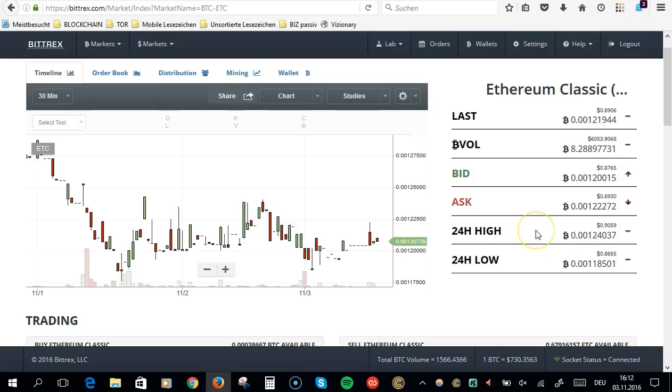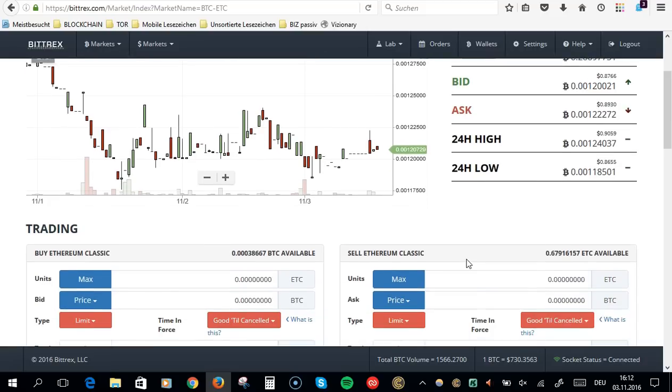So that's very important to know that this is called a Satoshi, and 100 million Satoshi is 1 Bitcoin. It's very important to know.